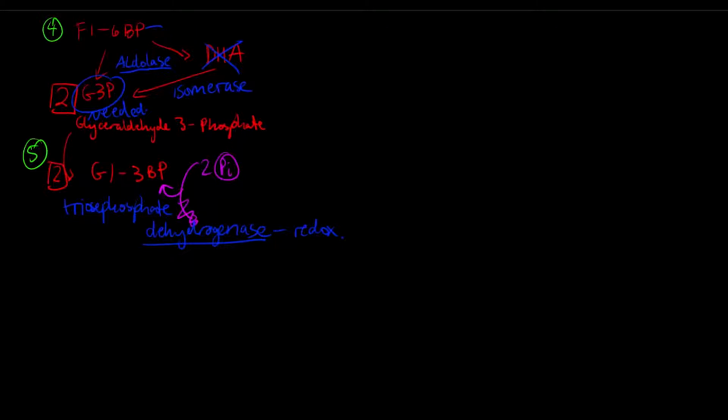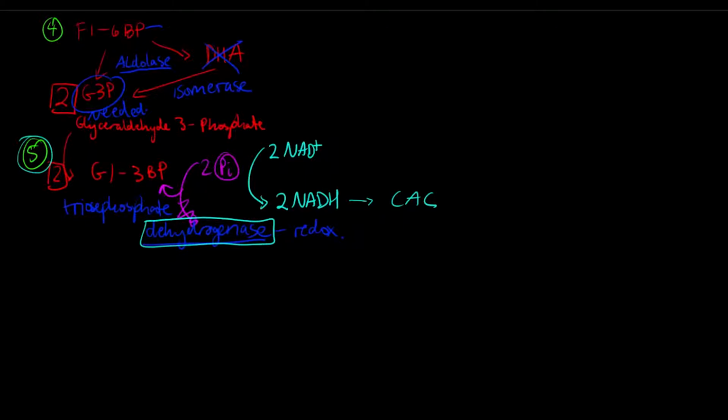And so two phosphates are consumed, no ATP consumed, just floating inorganic phosphates, and 2 NAD plus are reduced into 2 NADH, and this can then go off to the citric acid cycle and continue the process of cellular respiration. But knowing this name, dehydrogenase, and what happens during step 5 is important: the phosphates are added to make G13BP, and then the NAD is reduced to NADH, and this molecule is very important for the rest of respiration.